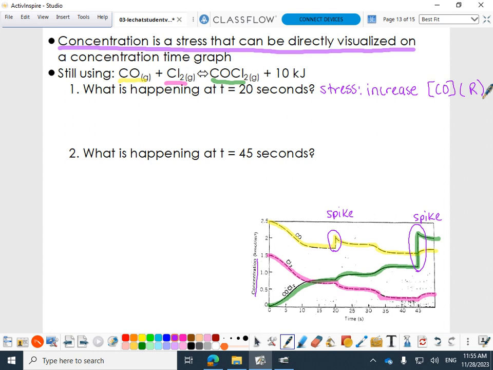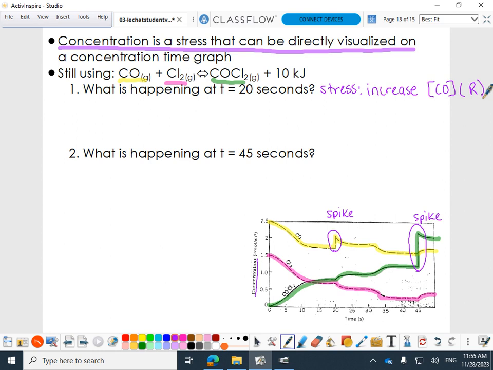So when you increase the concentration of something, concentration is a direct offset. So if you increase the concentration of it, the system has to decrease it, okay? So yes, you could just say that: increase the concentration of carbon monoxide, then the result would have to be a decrease in the concentration.